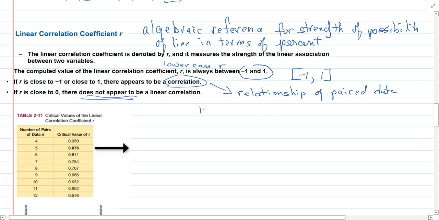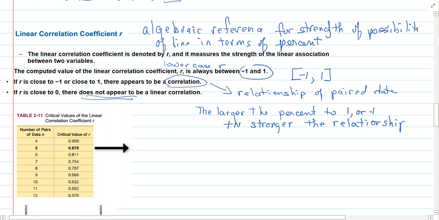The larger the percent, the closer to 1 or -1, the stronger the relationship of the paired data.